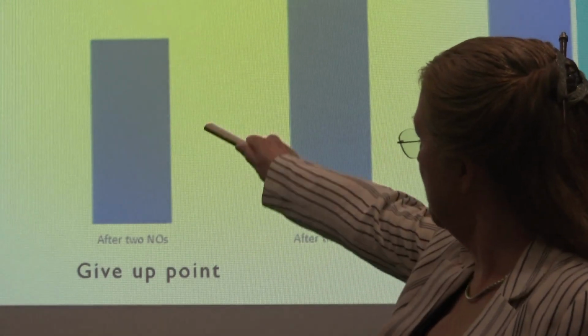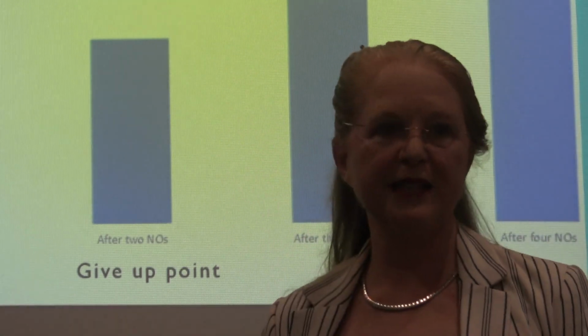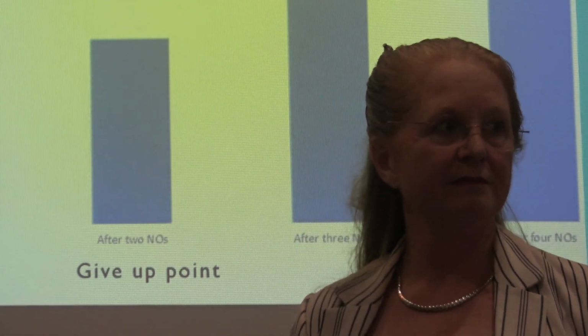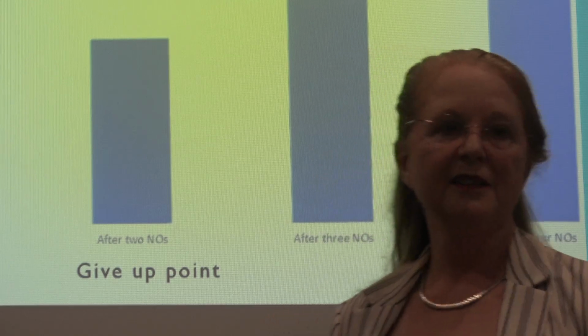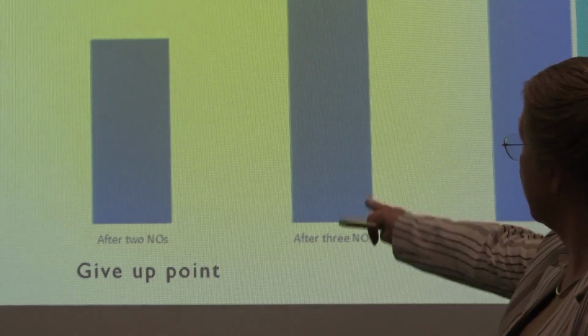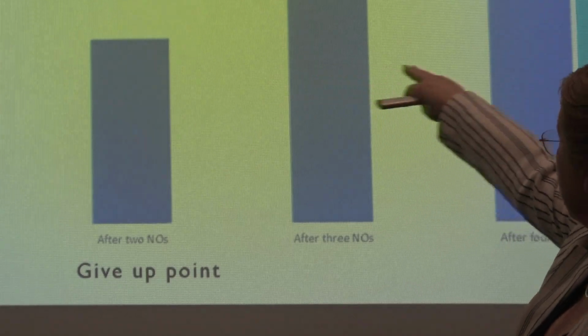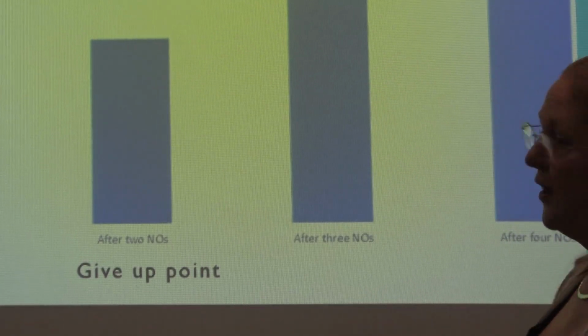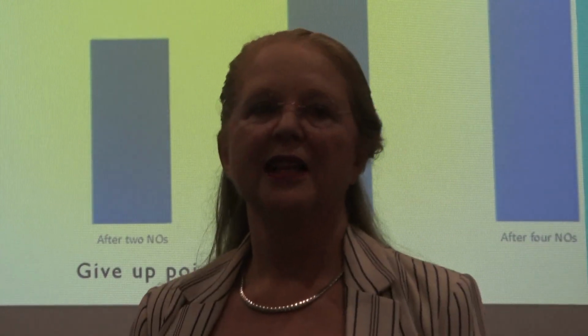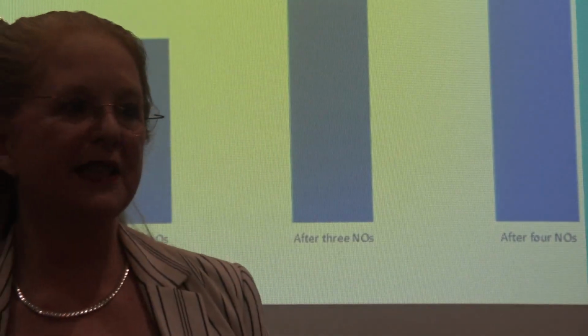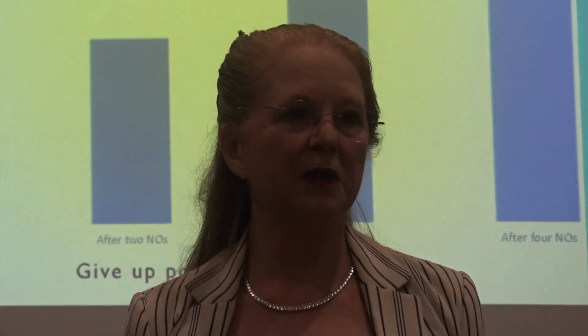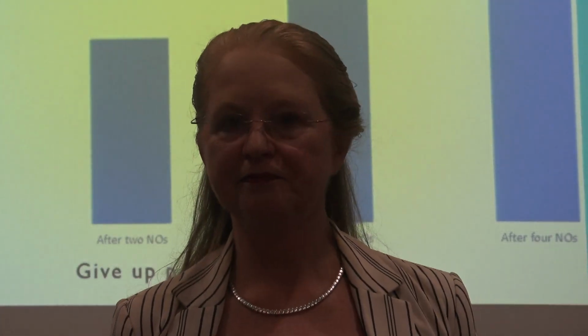After one no, about 45% have given up. They don't go back for the second. After 2 no's, about 70. After 3 no's, it's about 83. 4 no's, 92% of salespeople have given up.